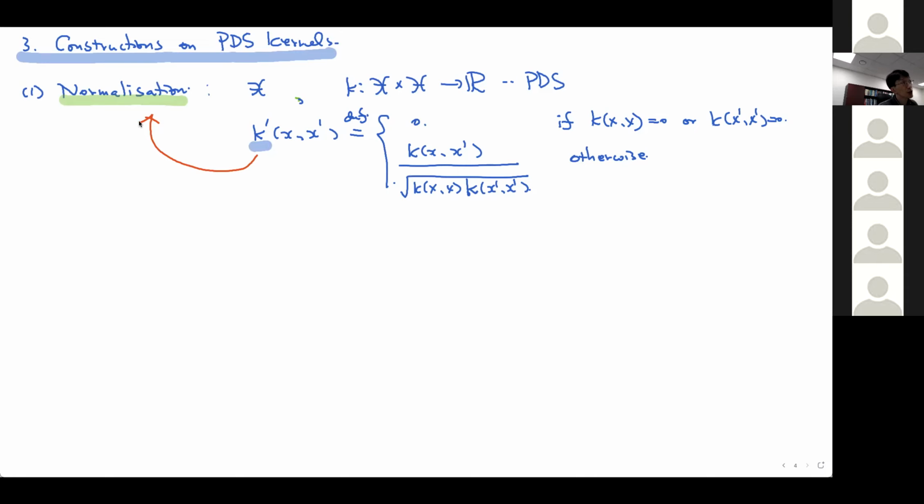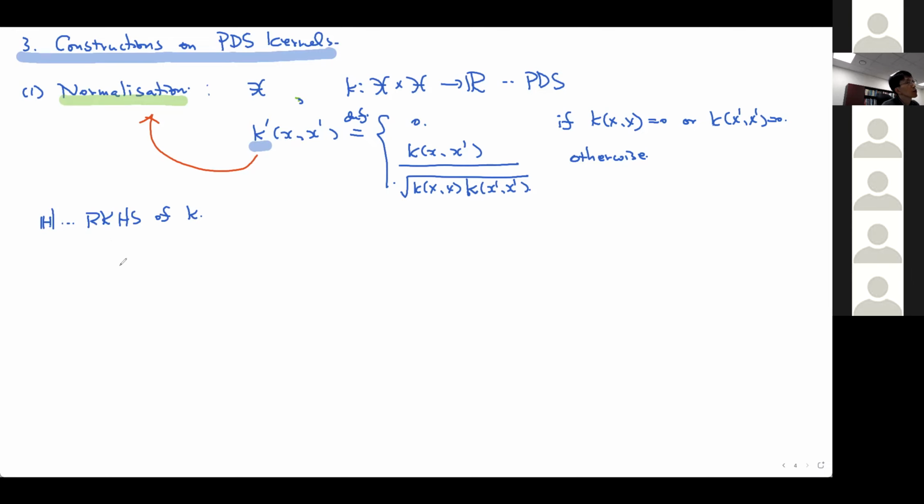One way to see what's really happening is to think about the RKHS related to K. We have a K, so let's call H the RKHS of K. As I said, K prime is also going to be a PDS kernel.